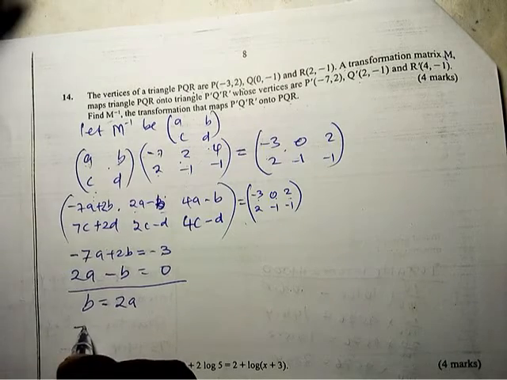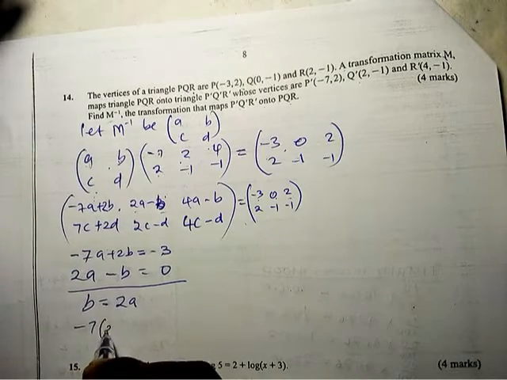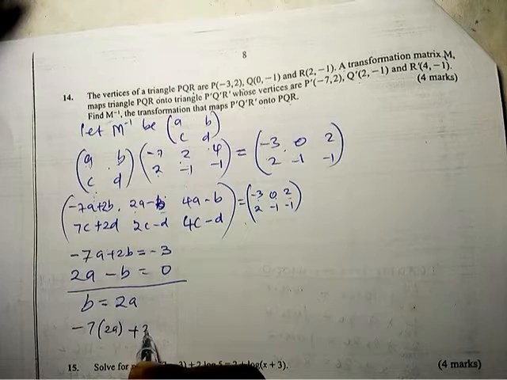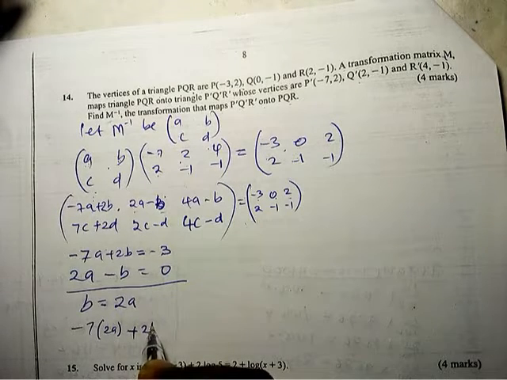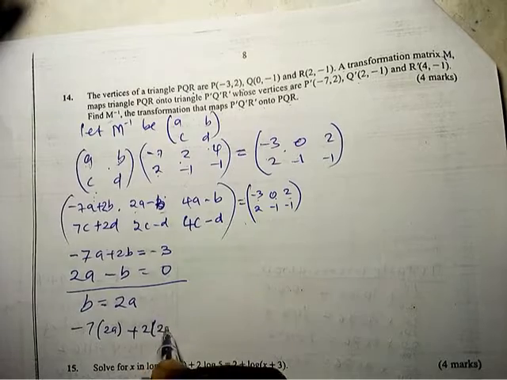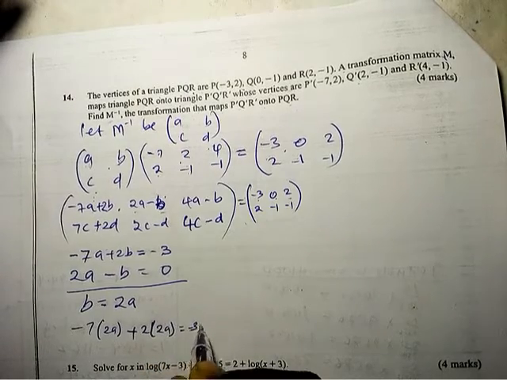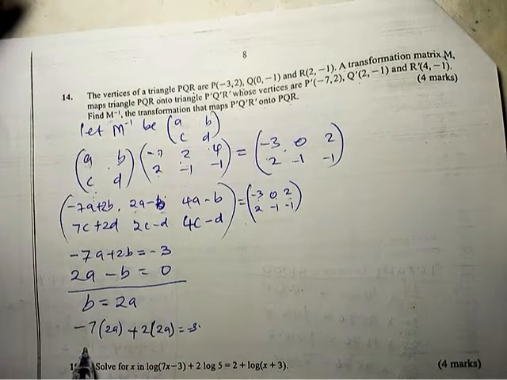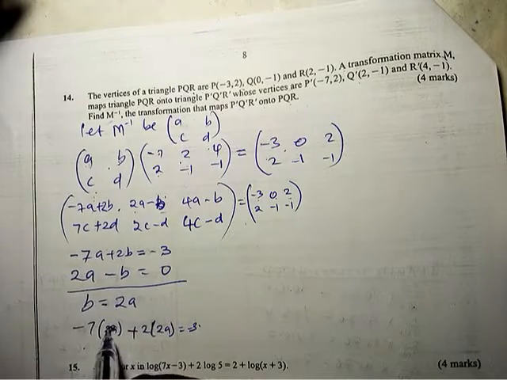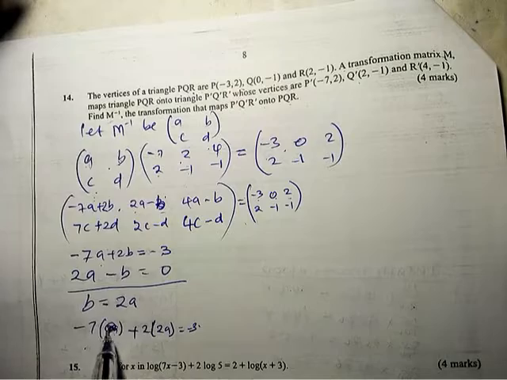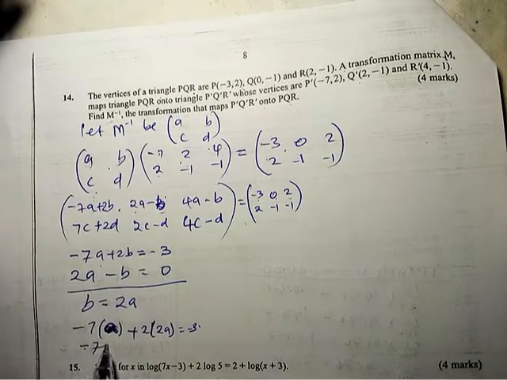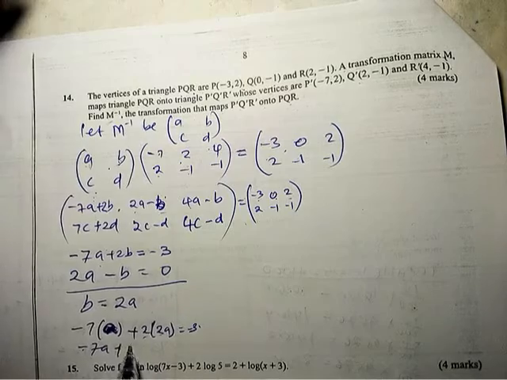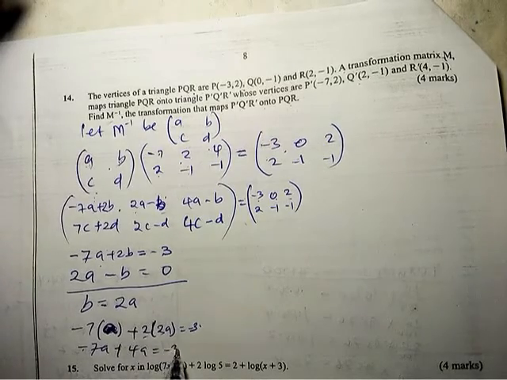We find that it's negative 7a plus 2b, that is plus 4a, the answer is negative 3. So, no, this was 7a. So we will have negative 7a plus 4a, the answer is negative 3.